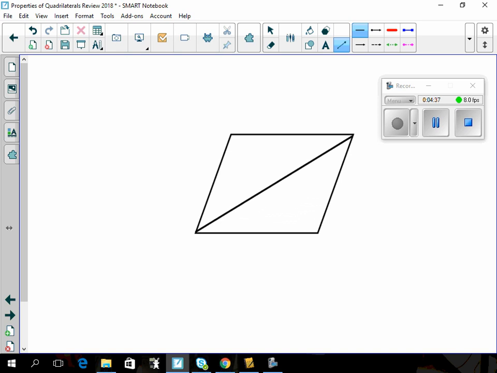This diagonal is much longer than this diagonal. Do you agree? The one that I'm highlighting here is longer than the one that's not highlighted. But what is true is that these diagonals are perpendicular. They make a right angle. And that's a characteristic that's true about rhombuses only.